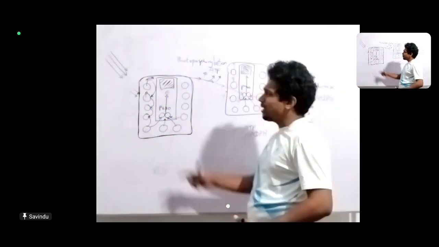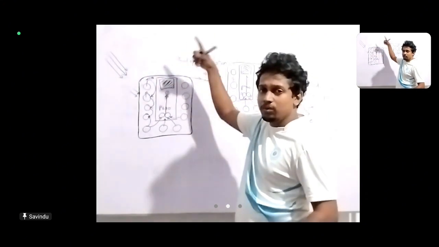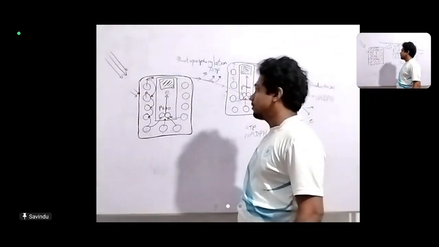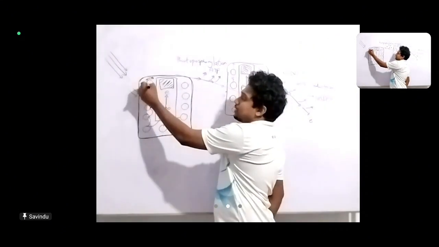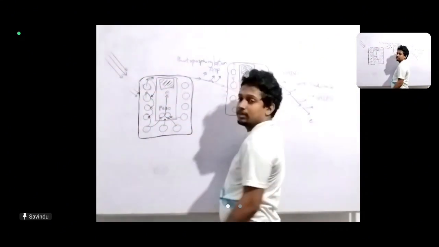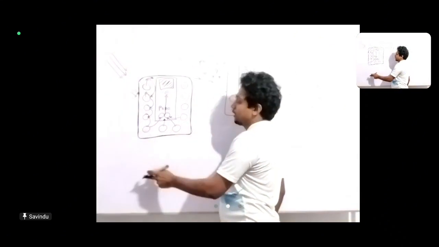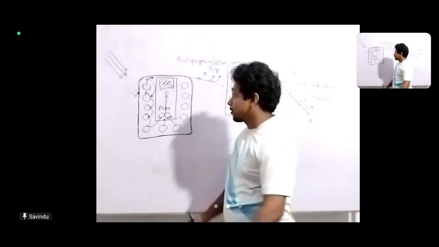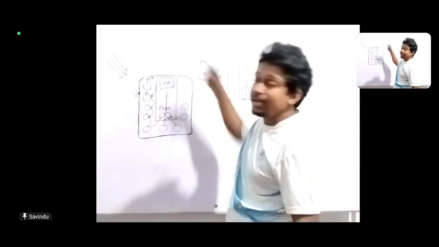But here, the electron is excited and now it's in the outer energy level. This photosynthetic pigment, usually we take all chlorophylls, but there are others also. The chlorophyll becomes unattached from this electron.